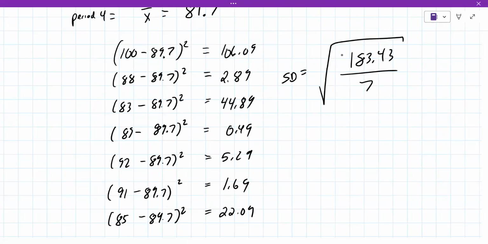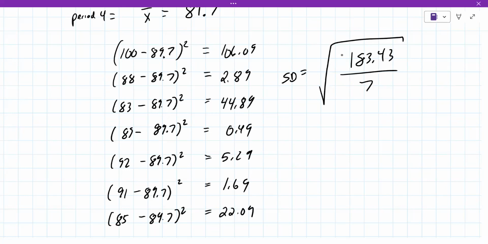Yep. I'm in the process of adding them up right now. And then all that divided by 7, and square root it.